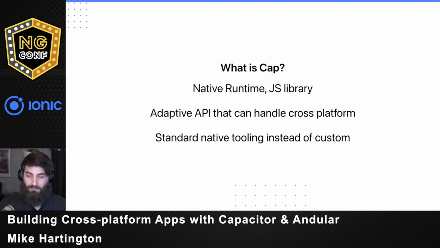To get certain features added to iOS, we're using things like CocoaPods, and for Android, we're using Android libraries. So nothing here is custom tooling or custom implementations. We're all just making use of things that already exist on these platforms.